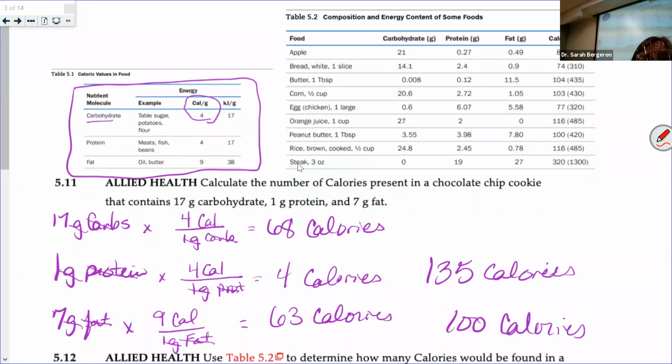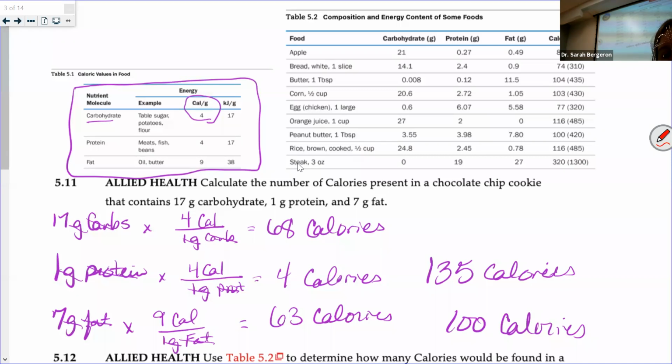Okay, so now we have some practical application, right? We all know that the things we eat provide us with energy, right? And different things that we eat provide us with different amounts of energy, right? If you eat a lot of high fat foods, what's inside of those fats? Calories, right?